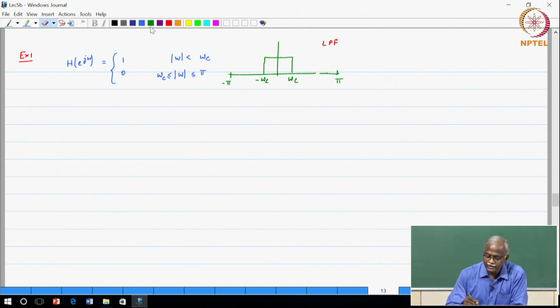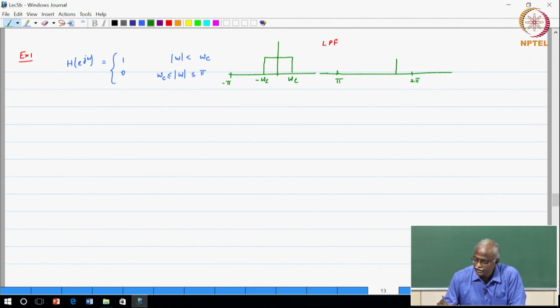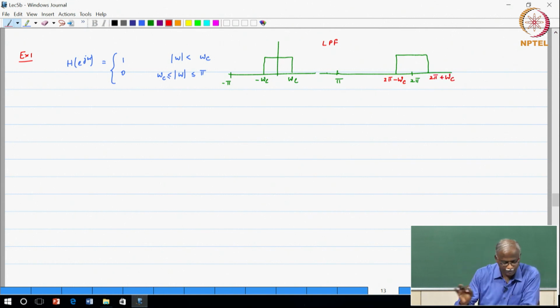If you extend this line from pi to 2 pi, we should get a copy of the signal. Again, keep in mind that we are plotting from minus pi to pi. If you were to plot up to 2 pi, you would have to show this particular version also, and the band edges are 2 pi minus omega c and 2 pi plus omega c. Keep that picture in mind.